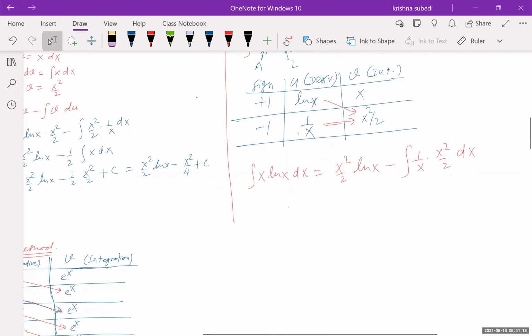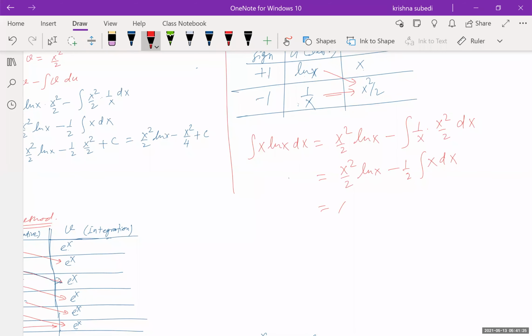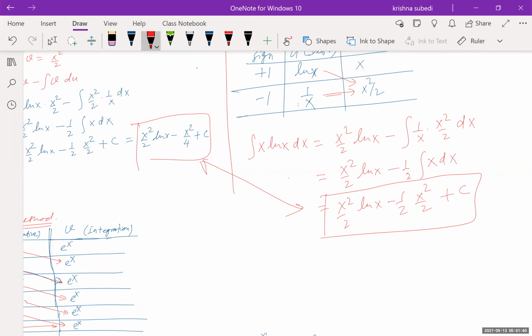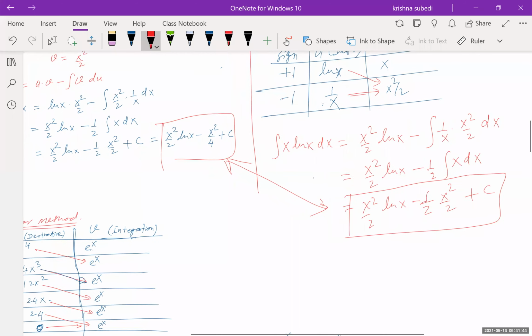Okay, that's it. This is going to be x squared over 2 ln x minus, if you work it out, x dx. So that's x squared over 2 ln x minus half x squared over 2 plus c. That's it, and this is what we got earlier. You can write this nicely, maybe x squared over 4.